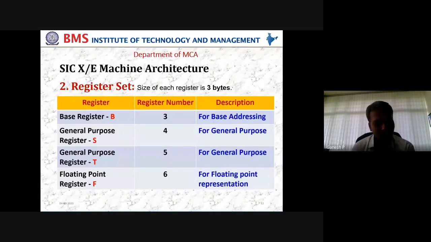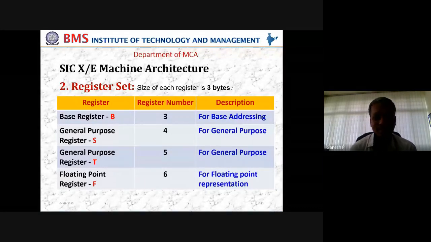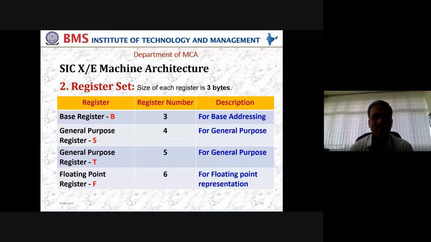The floating point register, as the name says, is going to support floating point values. But how about S and T, the general purpose? Meaning that you can use them the way you want. They're like trump cards or wild cards in your games. You can use them for arithmetic operation, temporary storage, or data storage. You can use them the way you want.